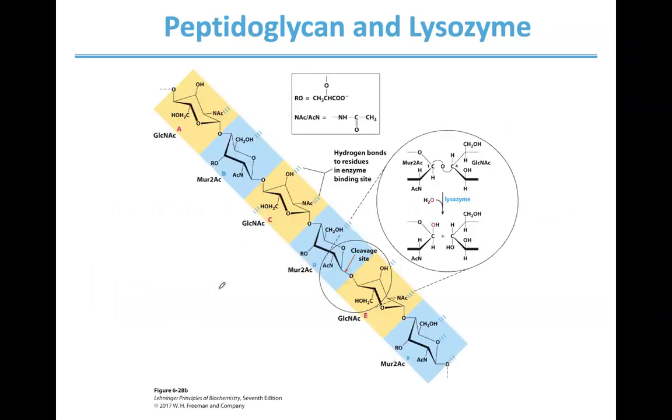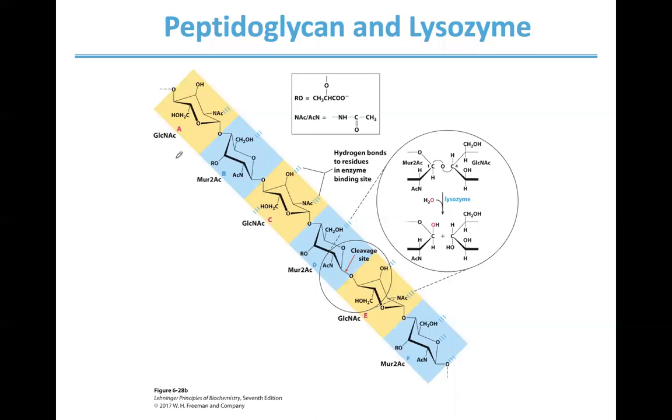All right. So here is the peptidoglycan. So here is the glycan of the bacterial cell wall. So this is what's known as a NAM-NAG.